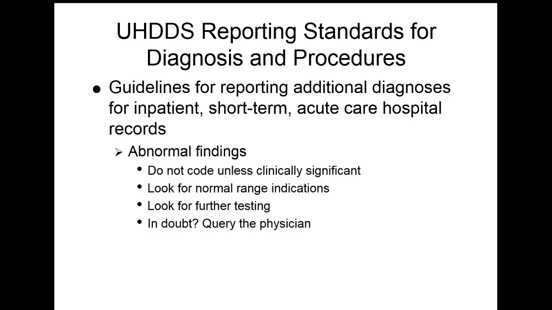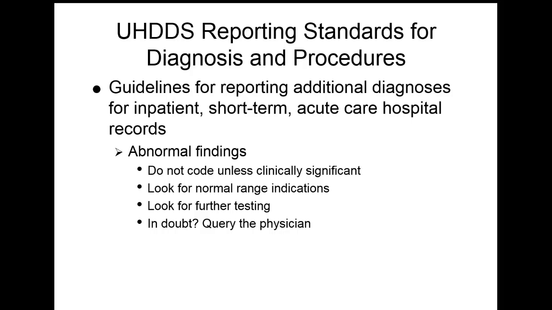If you're looking at a chart and there is a low hematocrit and the physician doesn't mention it anywhere in that chart, you don't generate a query and you do not code it. Let's say that you see that low hematocrit and you see that the patient received 2 units of blood, but the physician really doesn't address the anemia.